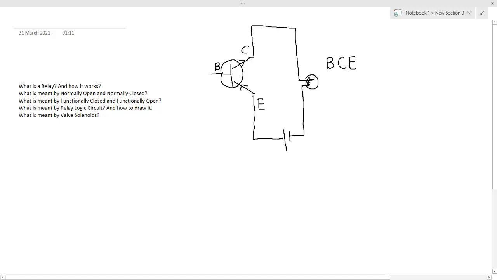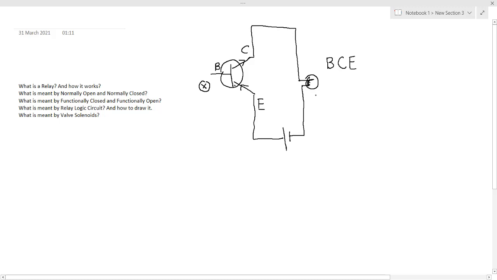Now what happens initially when there is no current going to the base? The emitter and collector are not connected to each other. Okay, the current cannot flow from emitter to collector. When there is no current through base, the current cannot flow from emitter to collector. In this case, what happens? The bulb does not glow.